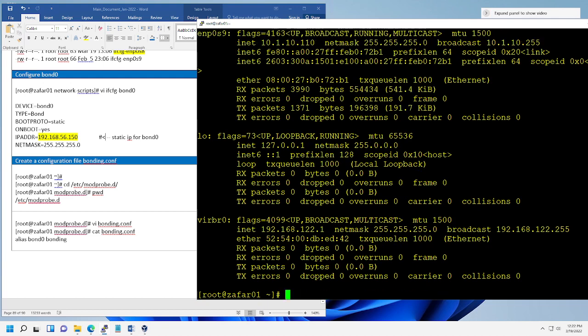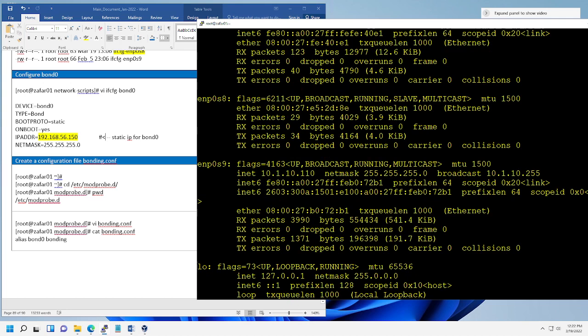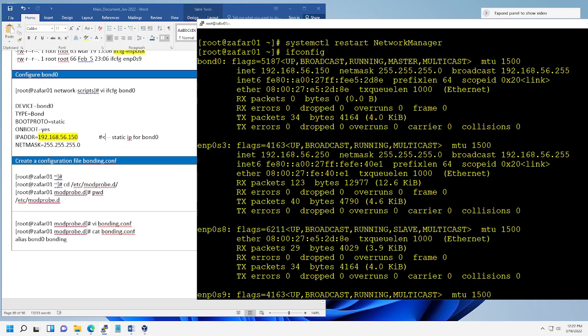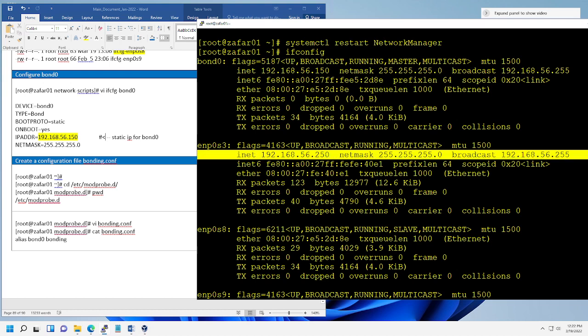All right, let's see here. Okay, so it is coming up here. Let me restart the system and see if it's going to stay there or if it's going to be gone. Ideally, it should be gone, but let's try to ping it and see if it's pingable.